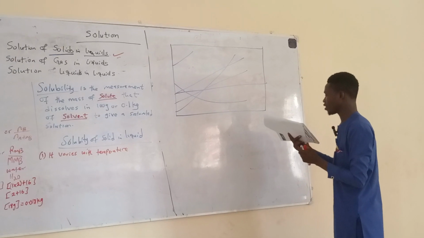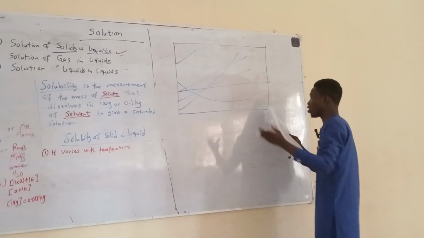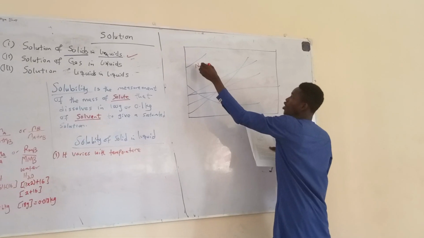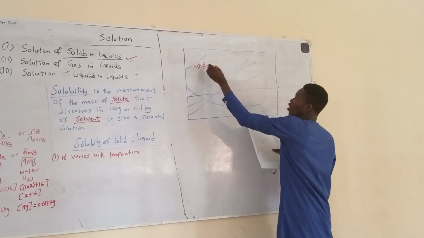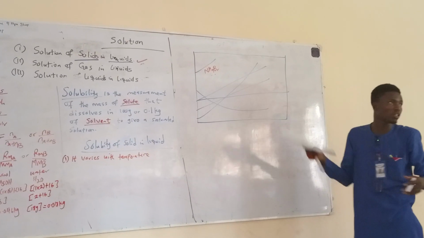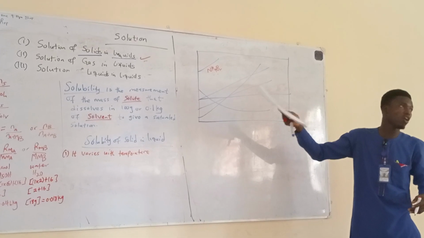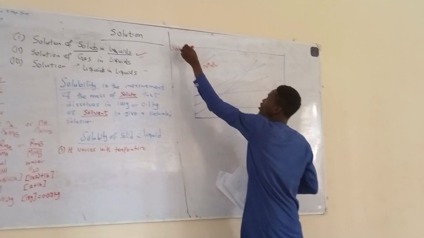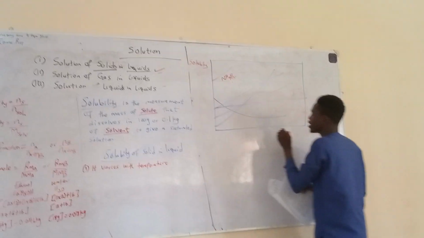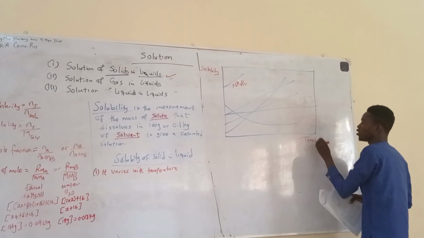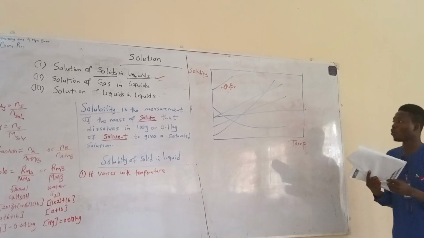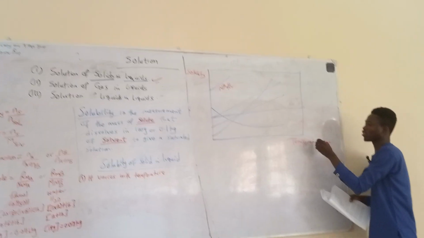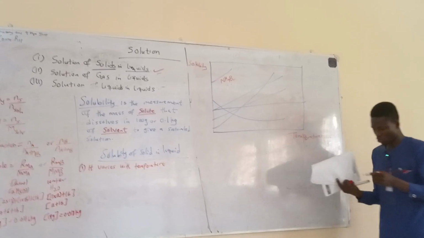So let's label this. This is called ammonium bromide salt. All of them are salts. You know, salts are solids, so they are all solids, and we are plotting their solubility. This side is solubility, while this side is temperature. This is what we call the solubility curve. Do you get it?